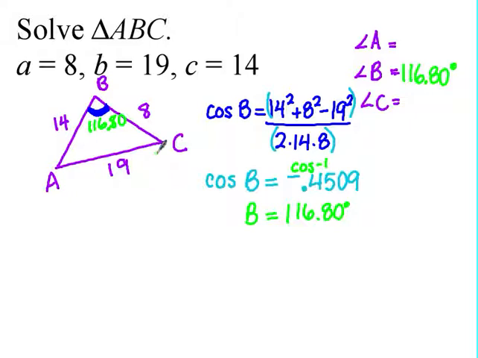from 180. So believe it or not, what you could actually do now is the law of sines. Okay? Because you have an angle-side combination. So I could do sine of 116.8 over 19 equals sine of, and let's find the smallest angle now, A over 8.